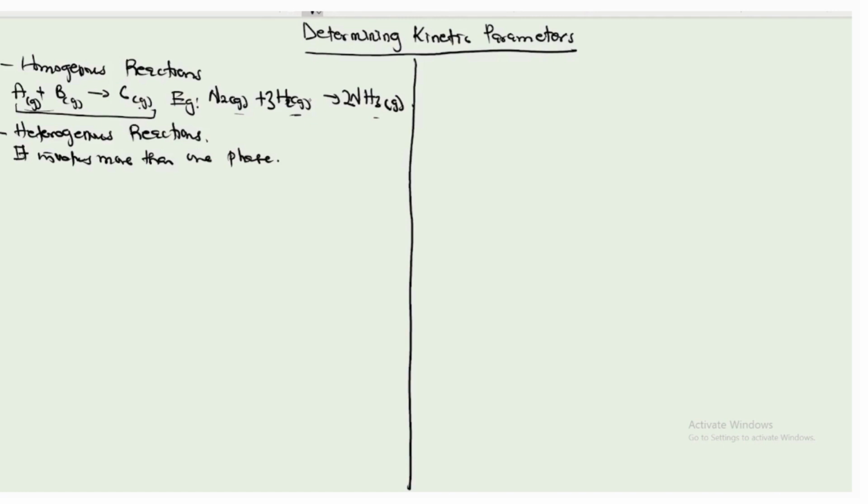So it can be that either the reactant and the product are in different phases, or even the reactants are in different phases. So we can have A in the gaseous state plus B in the liquid state, forming, let's say, C in a different state, let's say liquid or gaseous, any of them. Now because the phases are different, we say that this is a heterogeneous reaction.